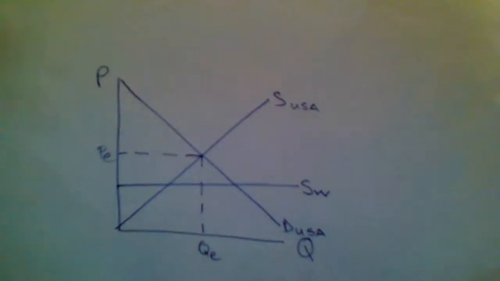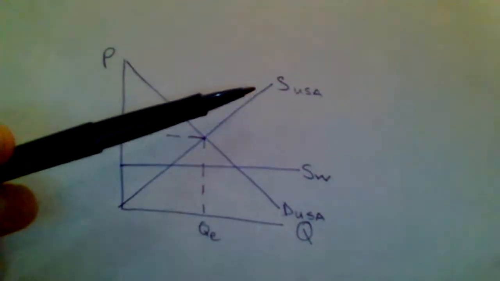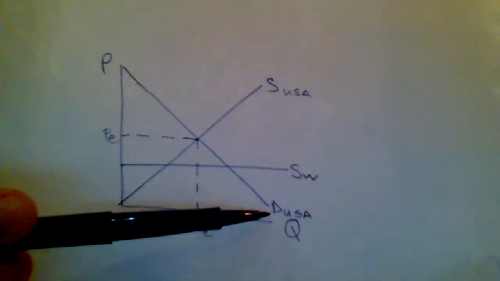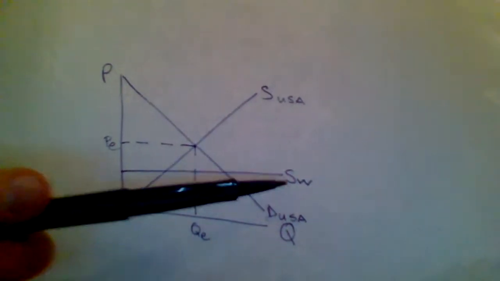Okay. So here's our quantity at equilibrium and price at equilibrium. So here's a graph you would see. Here is American supply, American demand, world supply.